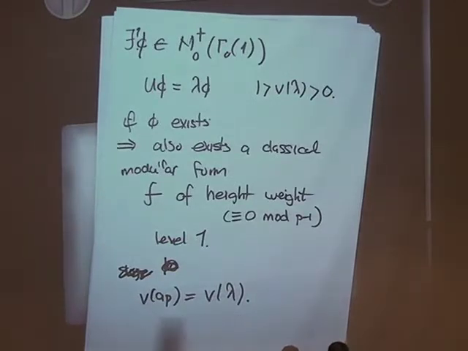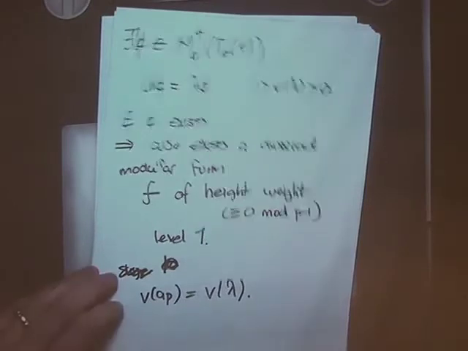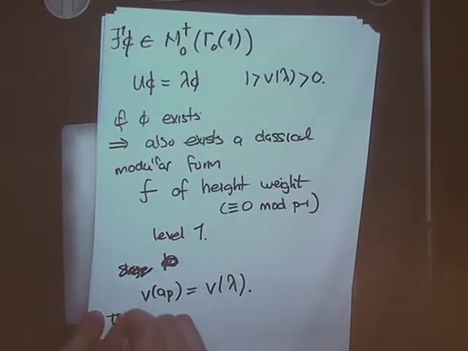But it's a little more complicated to understand what the corresponding local Galois representation is when AP is no longer a unit. But in fact, it is the following theorem of Buzzard and Gee that actually implies in this situation you know exactly what the corresponding Galois representation is.